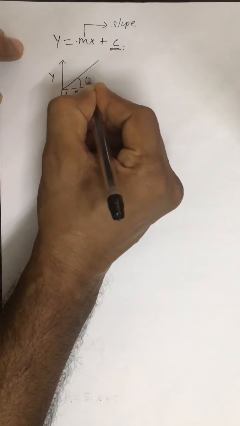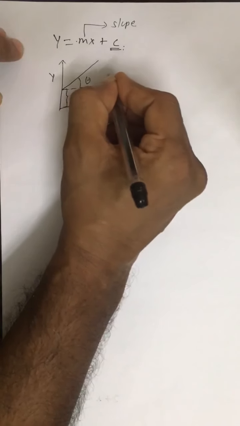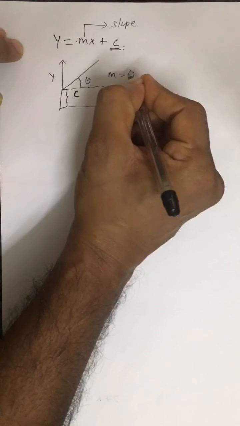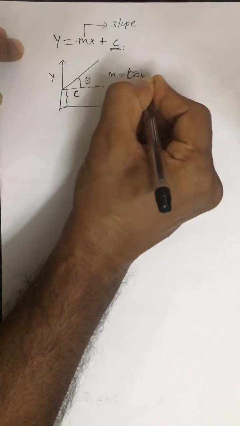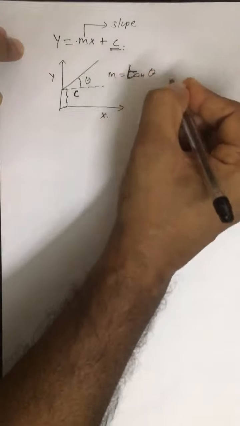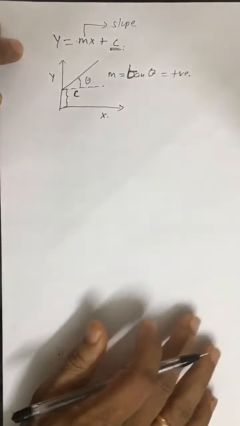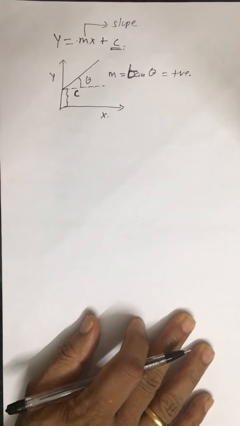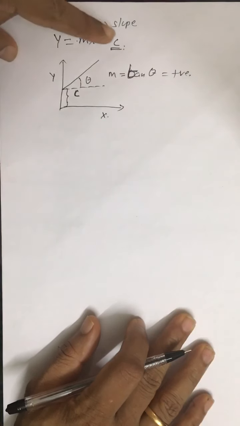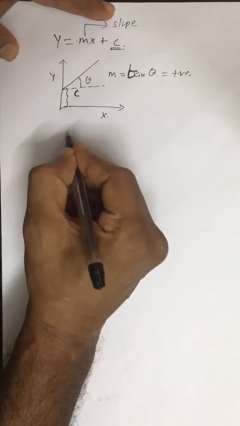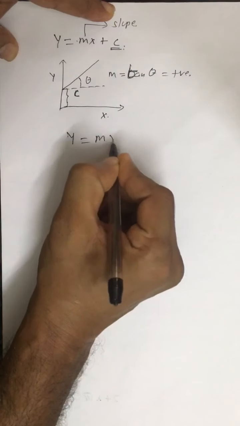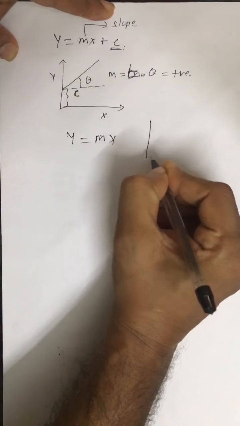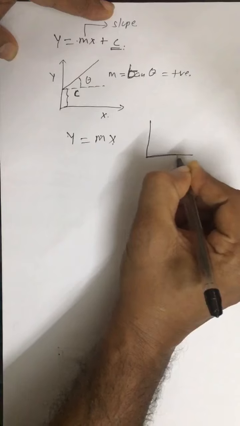This is theta, and this m is the slope, so m is equal to tan theta, which is positive. And if we do not have the c part, say it is y equal to mx, we have a positive slope, and you get a graph of this type.